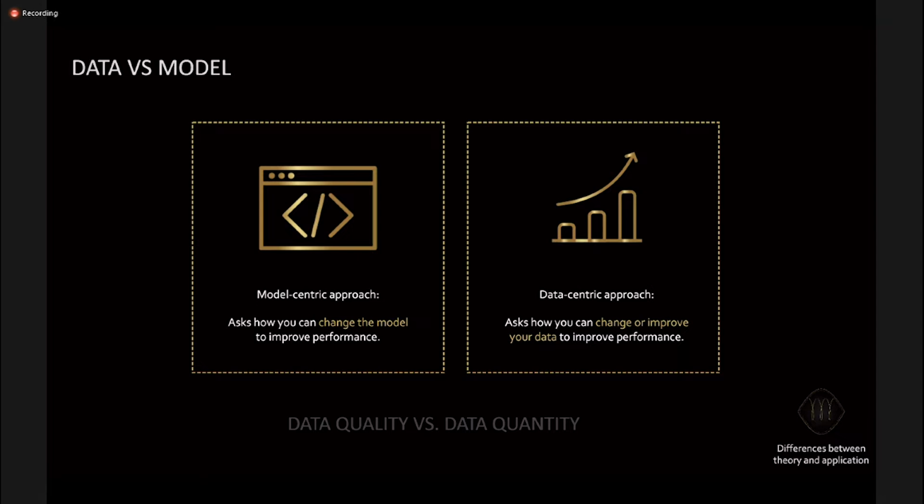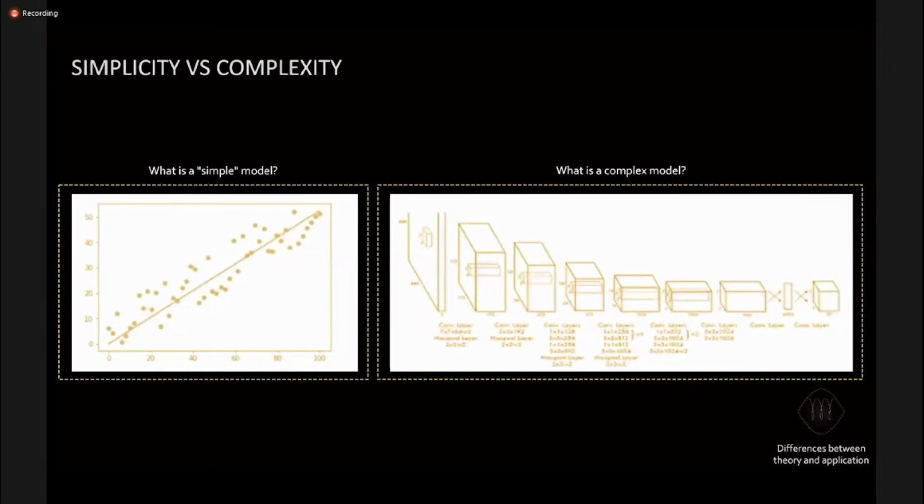When you have a data-centric approach, from the beginning you are taking that problem into account. You are building a system that can change when data changes. So that's a main difference when you are building an AI project for a real world application.